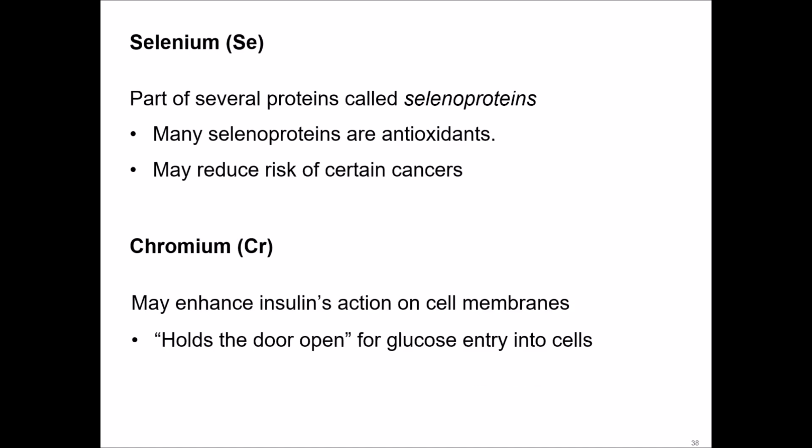Two more that we'll look at in this list are selenium and chromium. You don't hear much about these. Selenium is needed in producing certain proteins in the body, and those proteins can help again with antioxidant activity. There's been some research that suggests that selenium can actually reduce the risk of some types of cancers, but there's not a lot of research out there on this.